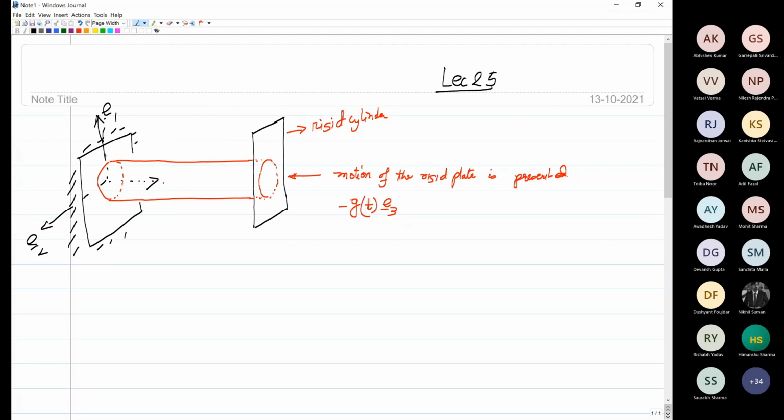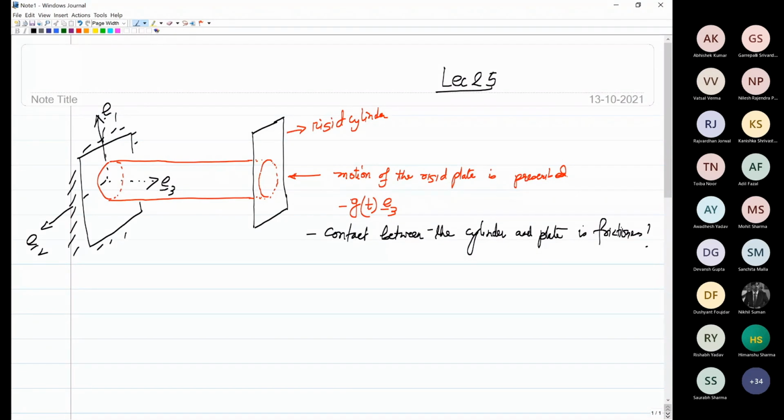E1, E2, E3. Yeah, and the other thing is contact between the cylinder and plate is frictionless.